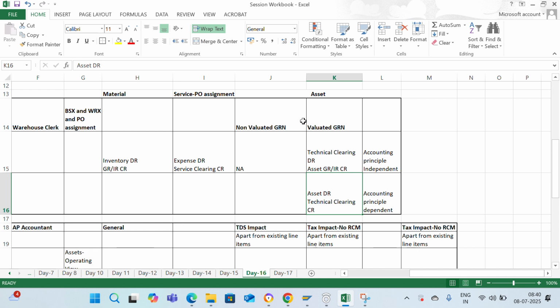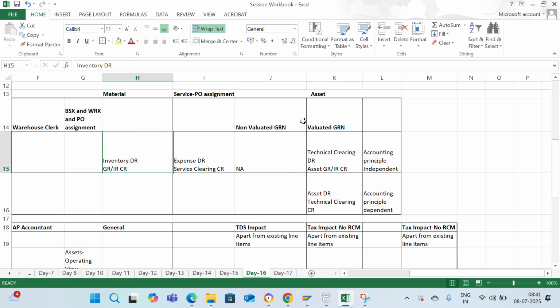And the other entry that is automatically posted during GRN is asset account debit to technical clearing account, and this is accounting principle dependent. I do not want you to understand the accounting principle dependent and independent in a much deeper sense right now. The logic why the two entries are posted, why a particular GL account is debited, why the next one is credited, we will understand these practically in the system, but as of now I want you to understand on a high level what journal entries are posted.